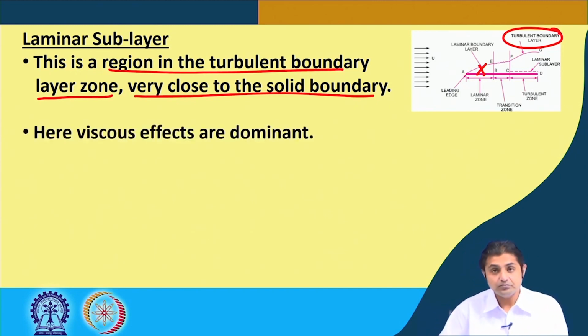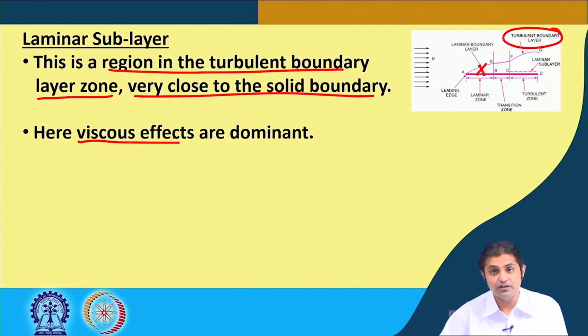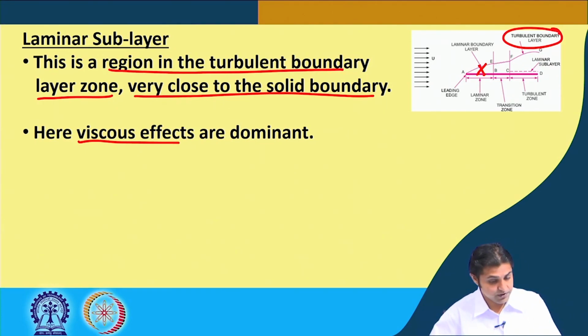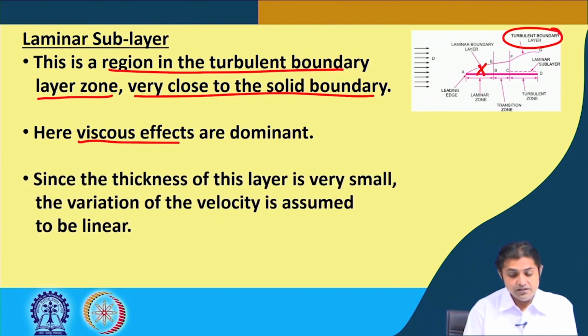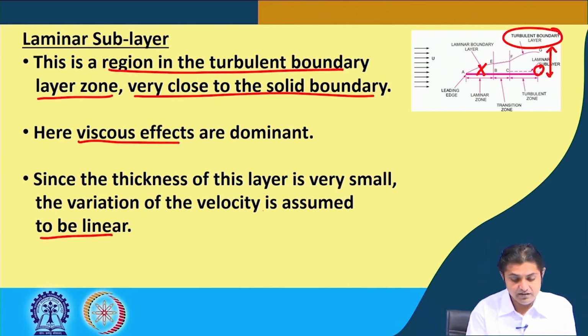And here, because viscosity will play an important role, the viscous effects are dominant, much more than the other type of forces. Since the thickness of this layer, as we can see, is very small compared to this, the variation of the velocity can be assumed to be linear.